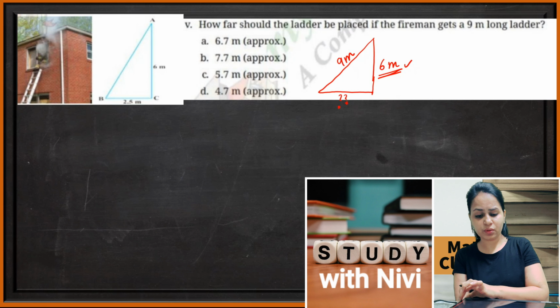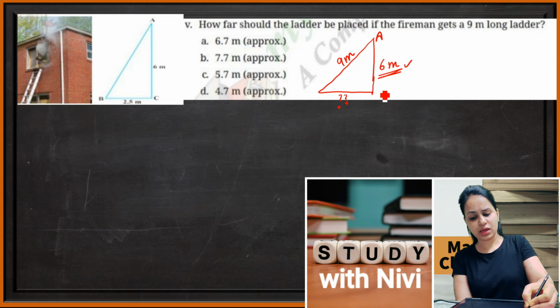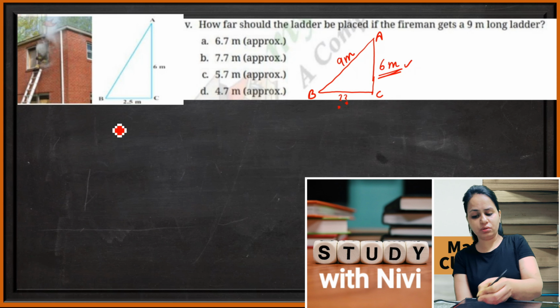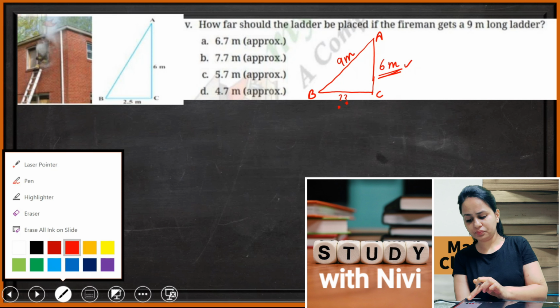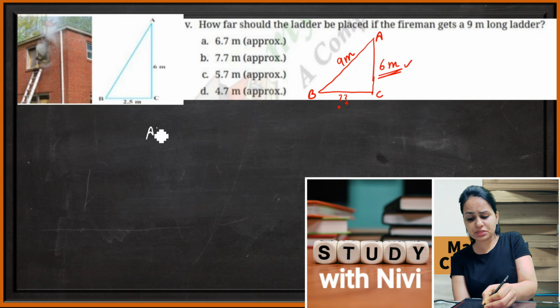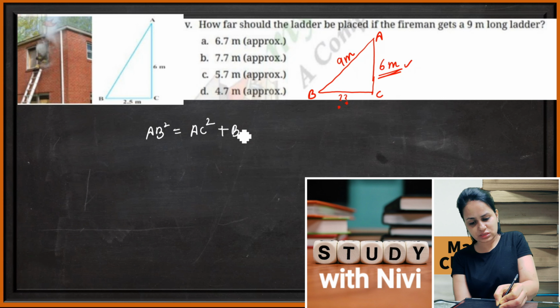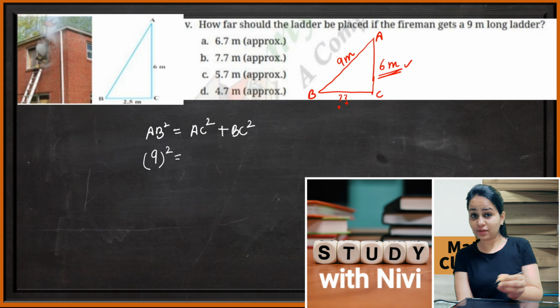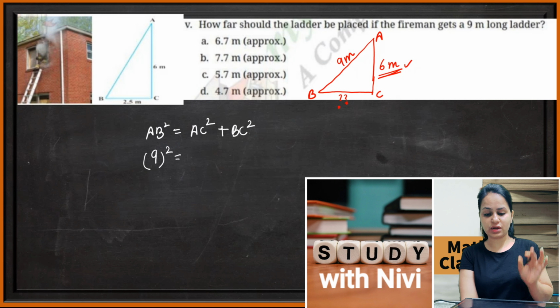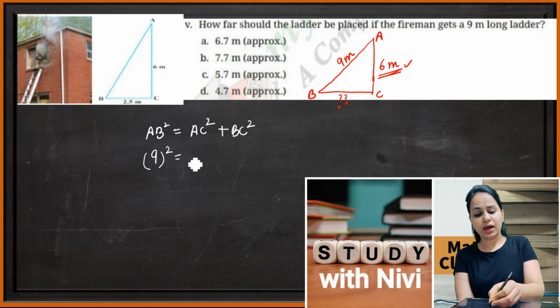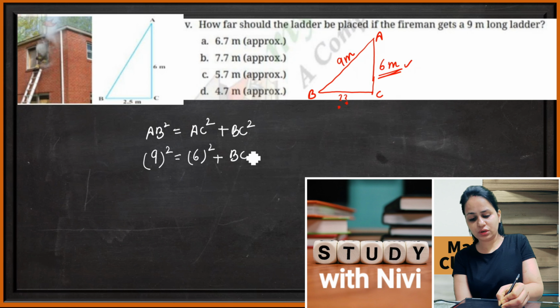Now coming on to your question, this is A, C and B. You're going to use Pythagoras theorem, which says AB square is equal to AC square plus BC square, which makes it 9 square, placing the value of the hypotenuse that is given to you as 9, and AC is given as 6 square, plus BC you need to find out.